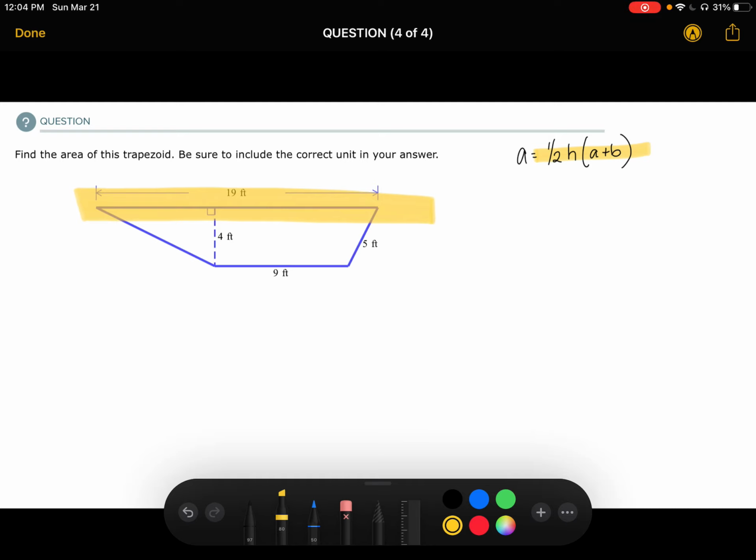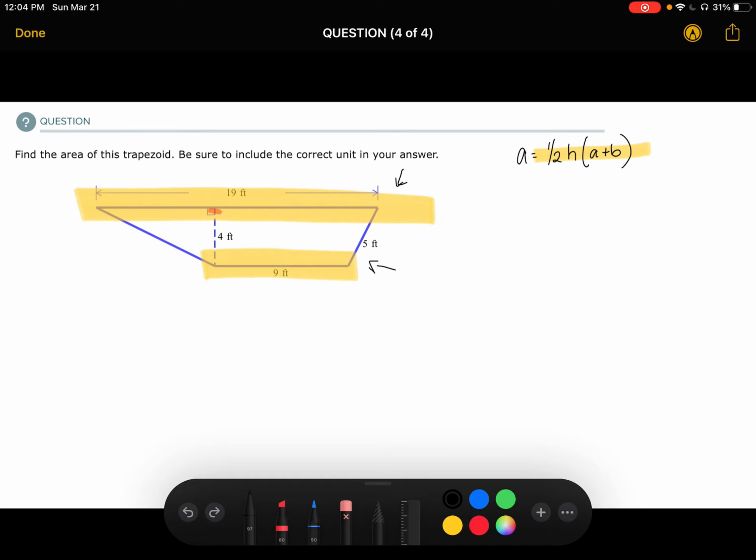So I have this one and this one, okay? Not this side plus that side or that side. It's not those. It's the two sides that are parallel in this. So it doesn't really matter which one's A and which one's B. It's just saying identify that it's both and add them together.